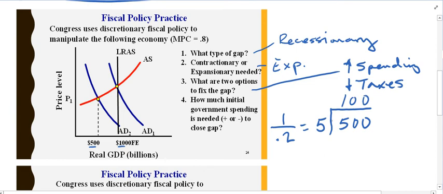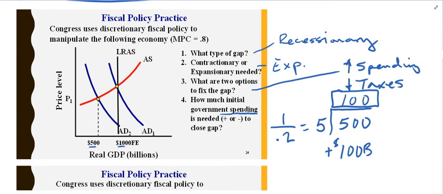So I need to spend, right? Because it's asking how much government spending, not taxes, is needed. So we need to increase spending by $100 billion, because that $100 billion will eventually, as it gets multiplied in the economy, turn into $500 billion.